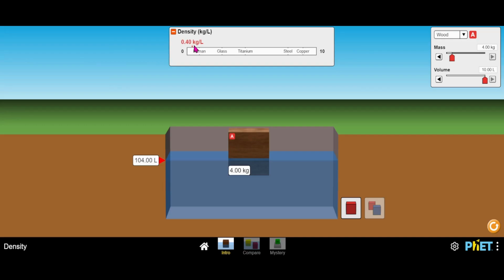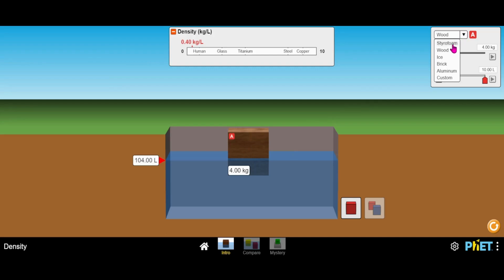So you can clearly see that this is denser than styrofoam, but not greater than water, right? So that's why it is floating on the water. It does not completely sink down, it's above the surface of the water.